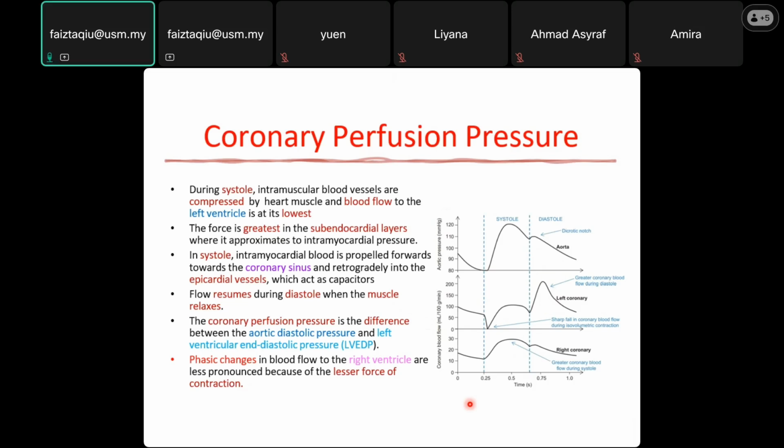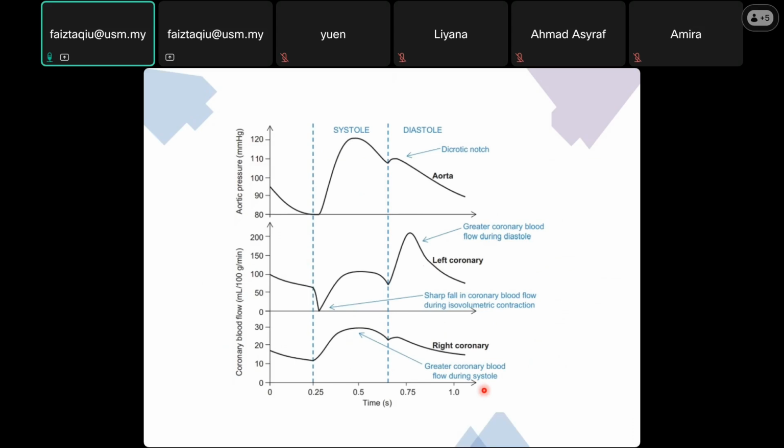Vice versa, there are phasic changes in the right ventricle. Blood flow to the right ventricle happens both during systole and during diastole. If we look at the lower part, on the left side of the heart we can see the blood flow in the early part of systole, and then greater coronary blood flow during early diastole in the left ventricle.